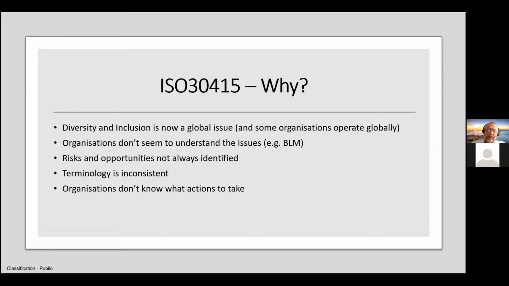Some organizations refer to equality, diversity, and inclusion, EDI, some just diversity and inclusion. Some are now talking about inclusion and diversity. And some people are now referencing equity instead of equality. So there's a great deal of inconsistency in terms of terminology, and I would suggest that means that organizations don't necessarily know what actions to take. These are the historic factors that have led to ISO thinking we need an international standard.